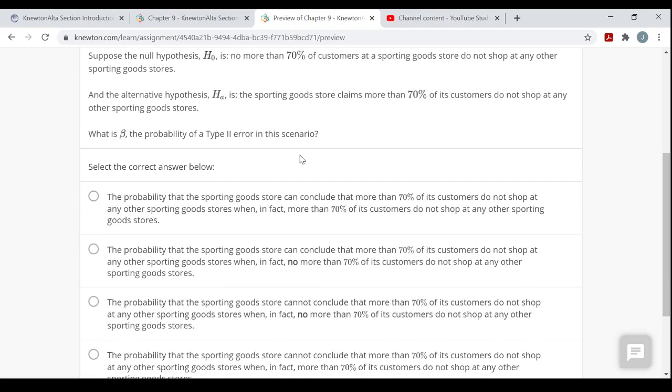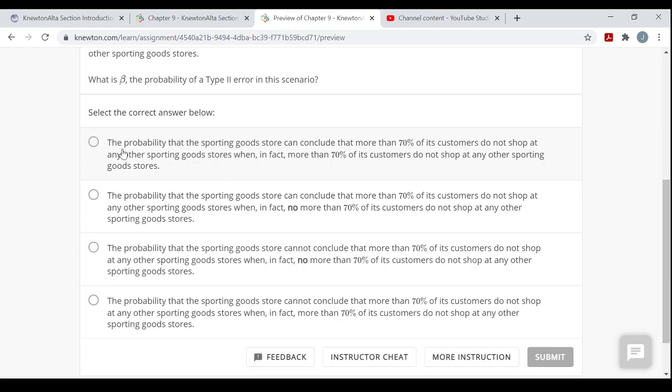All right, so let's read through these and see which one says that. So beta here is the probability that the sporting goods store can conclude that more than 70% of its customers do not shop at other stores, when in fact more than 70% of its customers do not shop at other stores. I mean, these are the same statement, so it doesn't make any sense.